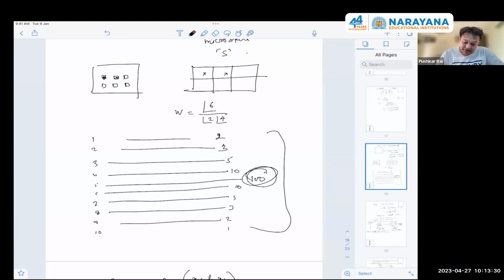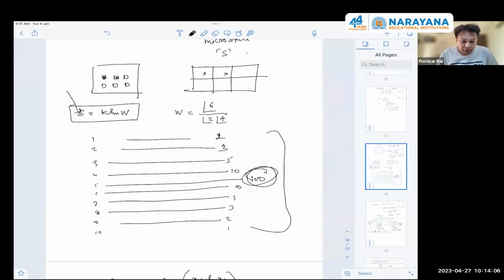So entropy is related to this: S is equal to K ln W. This is such an important formula that it is written on the gravestone of Maxwell Boltzmann, sorry, Boltzmann. But the fact is that this formula was given by Max Planck. Anyway, come back.